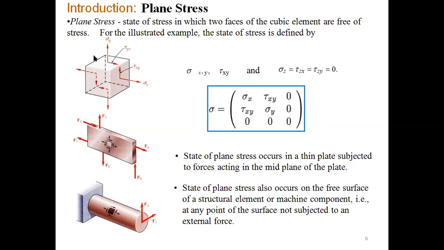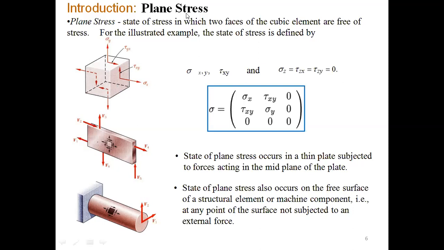If you look here, we have the stress element, but you could see that there is no loading along the z direction. So normally we classify such problems as plane stress problems.